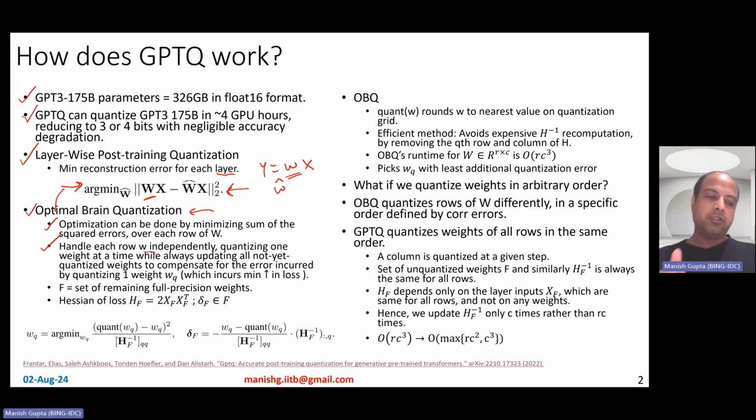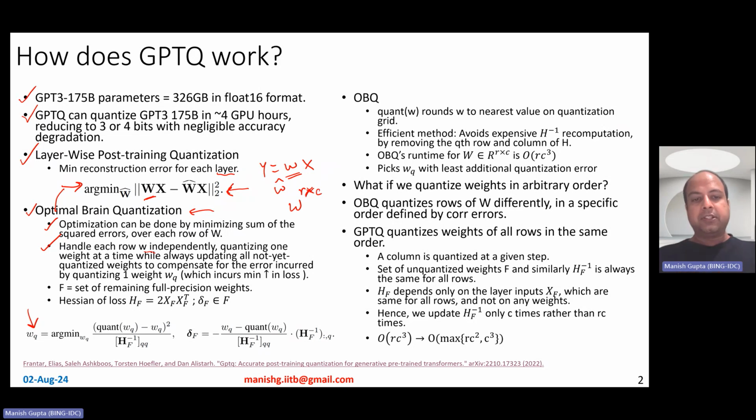And for each row-wise optimization problem, you quantize one weight at a time. If your W is R cross C, R rows and C columns, then for every row you first choose which of the C weights you're going to quantize, by some criterion. After you've chosen that weight, you quantize it, but you also change the other weights so as to adjust for the error that this quantization incurs.